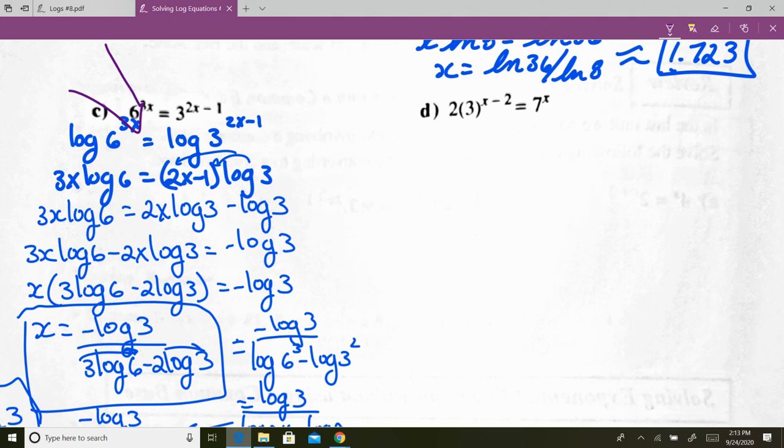So we're going to have to log them. You can divide off this 2 if you want, but it's not going to simplify anything, because this is 7 to the power of x. You won't get like 3.5 to the power of x. You can't do that. So my advice would be just leave it and log both sides as is.